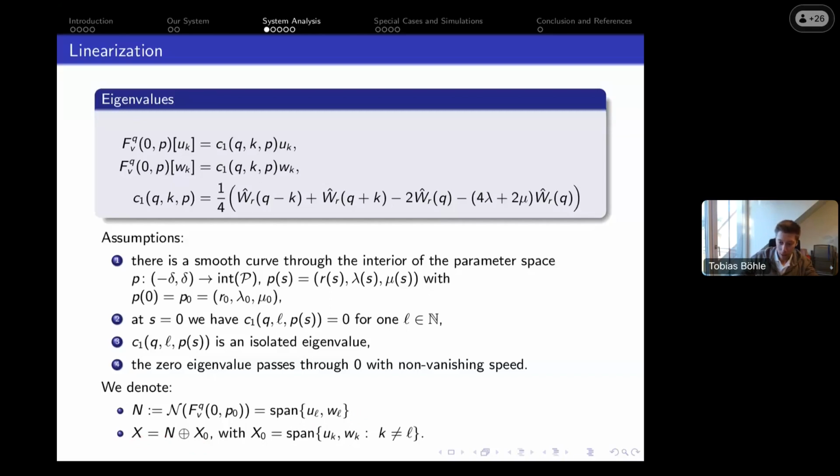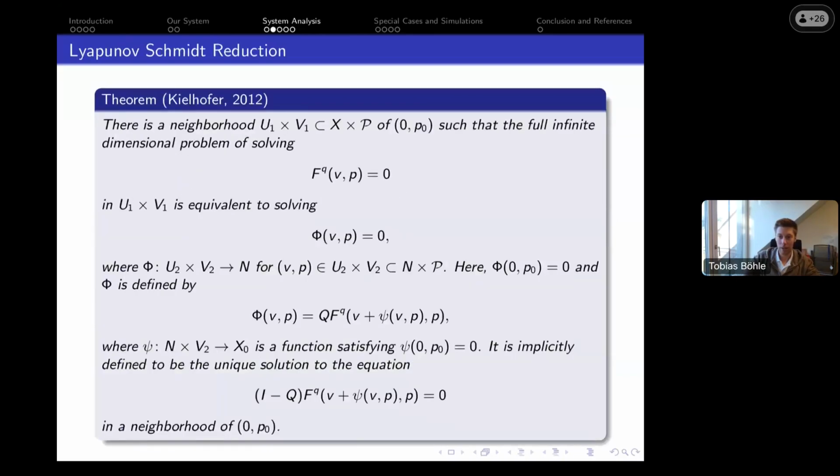Okay, and so now we want to find bifurcating equilibria. And to do that, we have conducted a Lyapunov-Schmidt reduction. So remember, basically, if we want to find bifurcating equilibria, then we need to solve this equation here. This equation just means we need to find a solution to the right-hand side equal to 0.